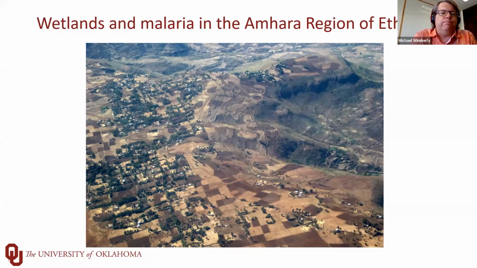It is mountainous, very rugged. It has an extremely dense, primarily rural population. Pretty much every scrap of arable land is being farmed. So very heavy human footprint, extensive agriculture, densely populated.